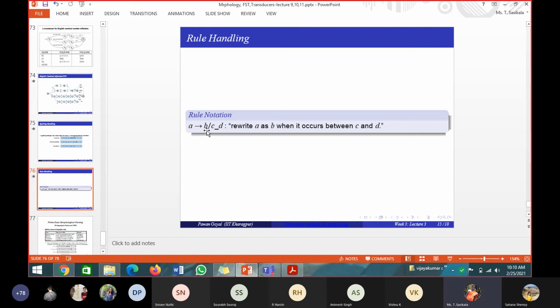CBD only. So if I have an A, it will be replaced by B if and only if it occurs between C and D. Like that you can frame any number of rules.